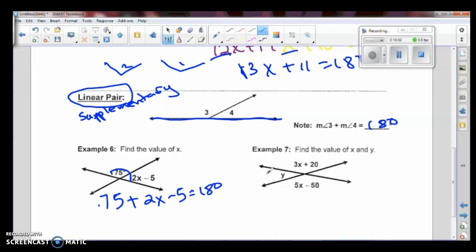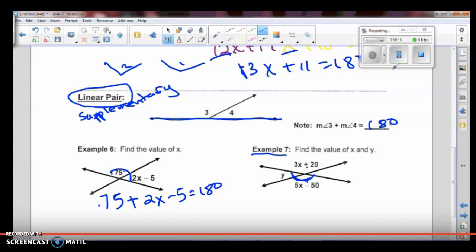Okay, so we have this equation here. Now, why don't you see if you can combine what we've learned in this video and figure out x and y on your own, and then that will be our quiz question for today.